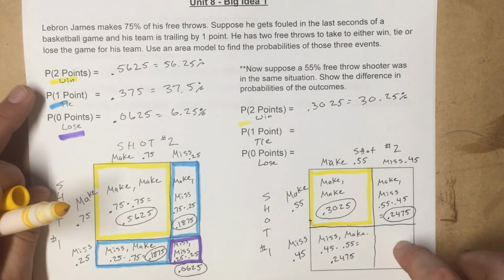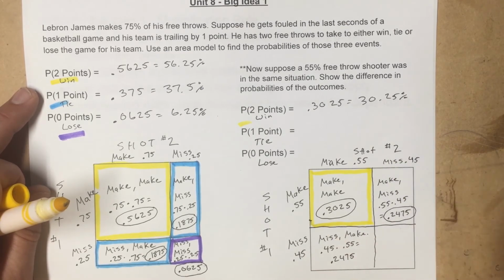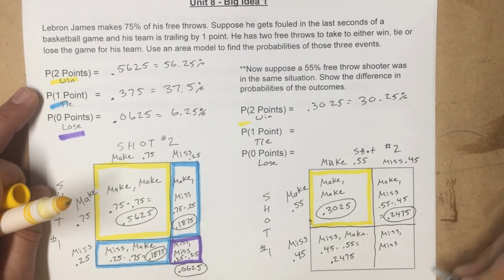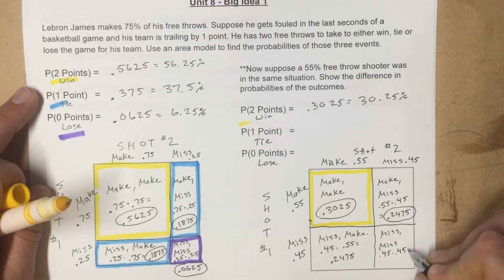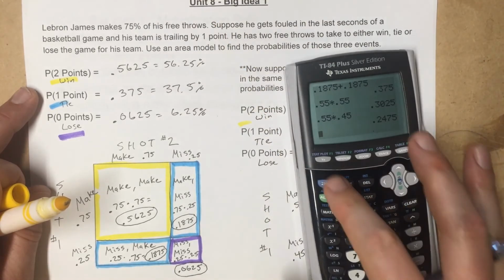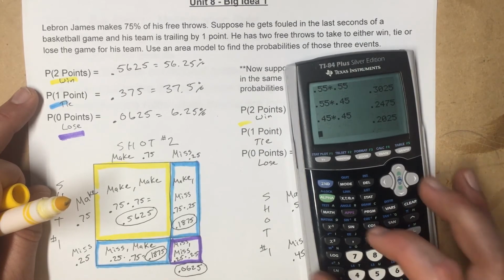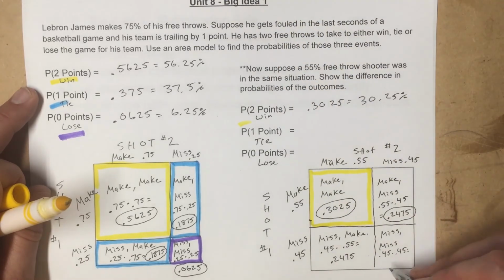And the final box is the combination that he misses and he misses, which is going to be your 0.45 times your 0.45, which is going to equal your 0.2025. All right.